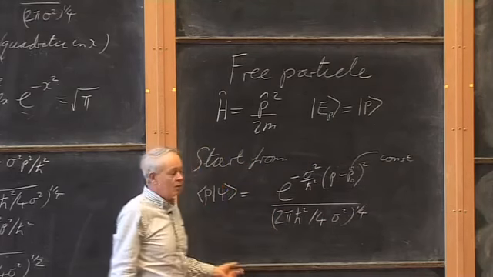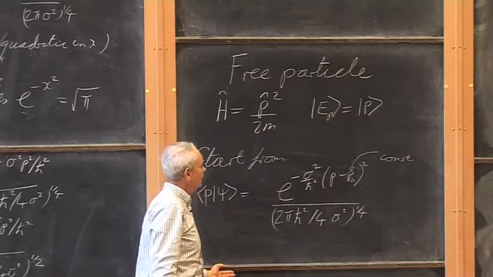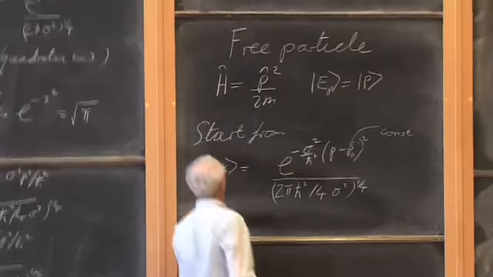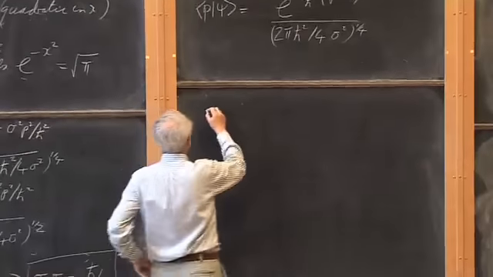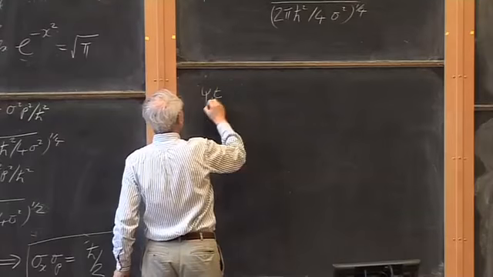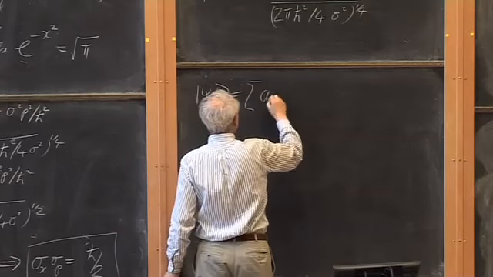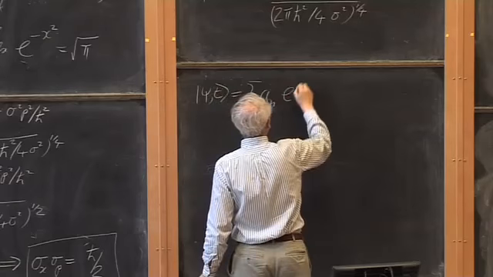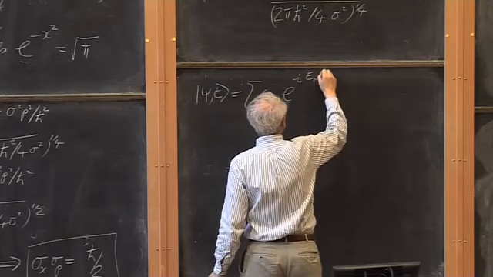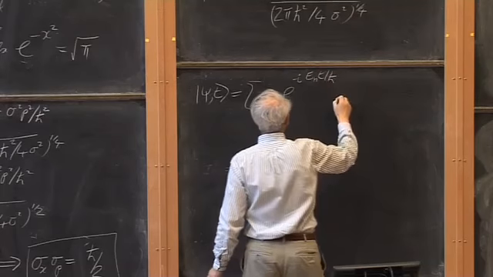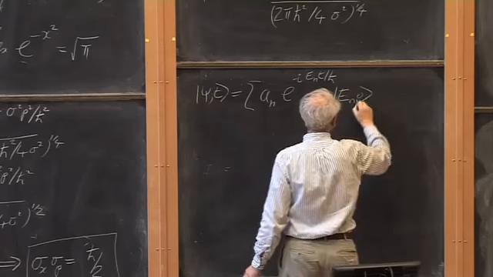Now we know how to evolve states in time. So remember our basic equation, which is that psi at time t is equal to the sum of a_n e to the minus i E_n t over h bar times E_n at naught.